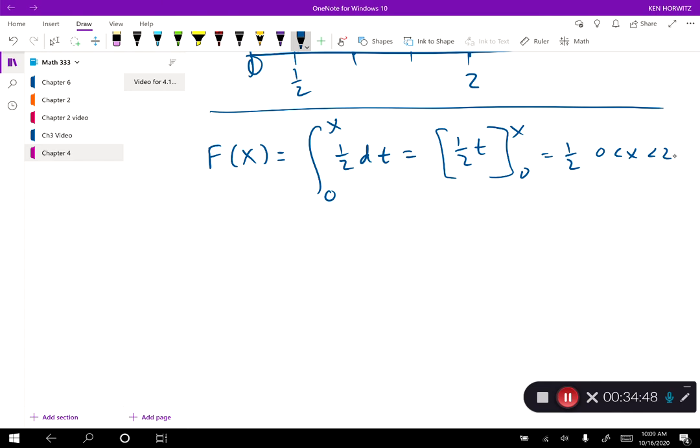All right, so we got our big F, right? We have 1/2 x. I'll call that, I'm running out of room, so I'm just going to call it x/2, for 0 less than x, which is less than 2.